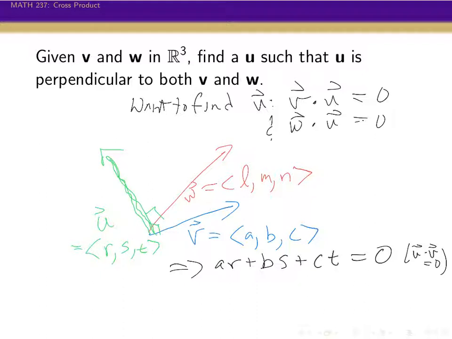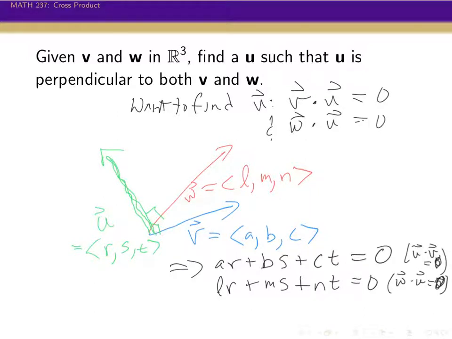And then we want w dot u, so that's going to be L times r plus M times s plus N times t. And so that's coming from w dotted with u equals 0. It's not the 0 vector, it's just 0.